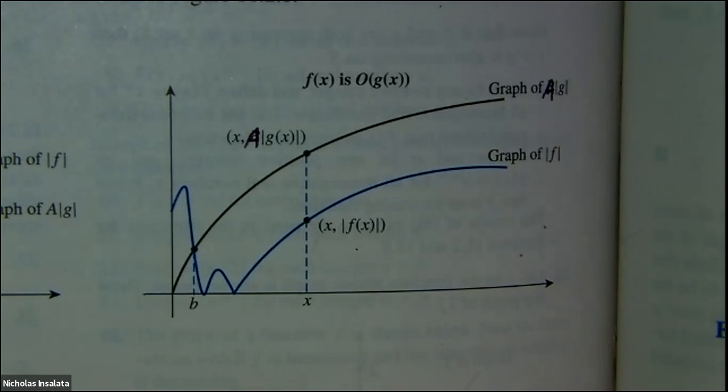Okay, so let me ask you a question here. Why is it that the worst case would be a big number? Why is that?